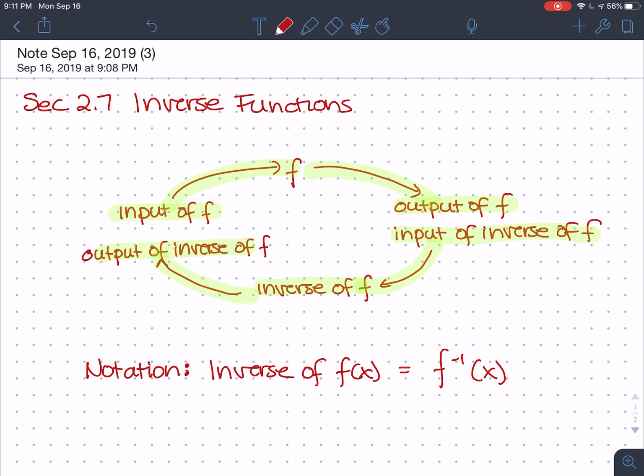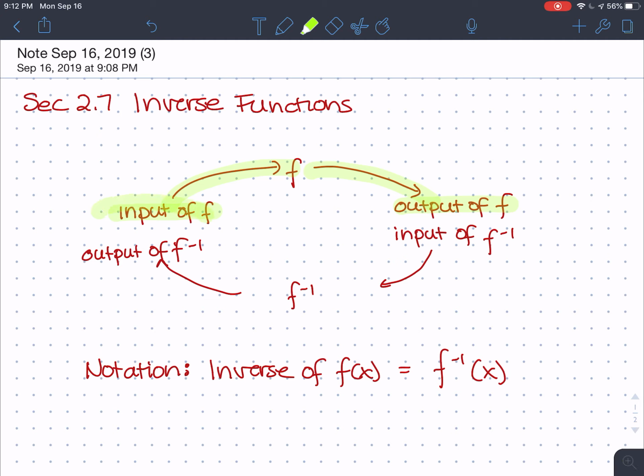That actually is nonsense. That doesn't make any sense. Instead, you literally read it as the inverse of f of x. So instead of saying the inverse of f up above, I could have just said this notation right here. But again, it means the same thing.